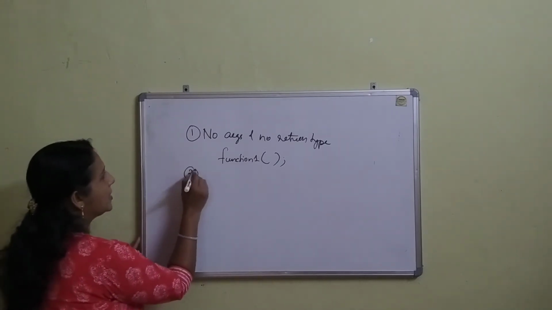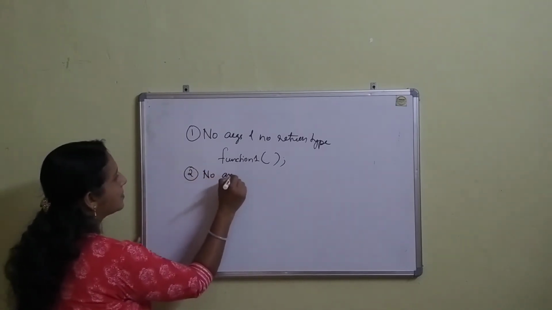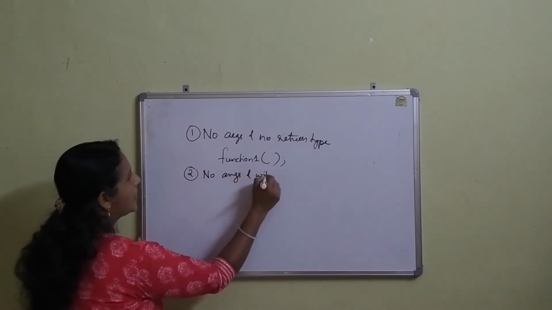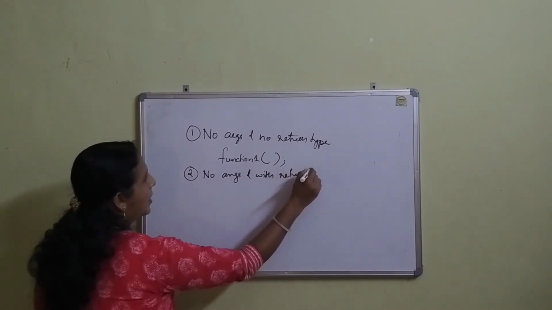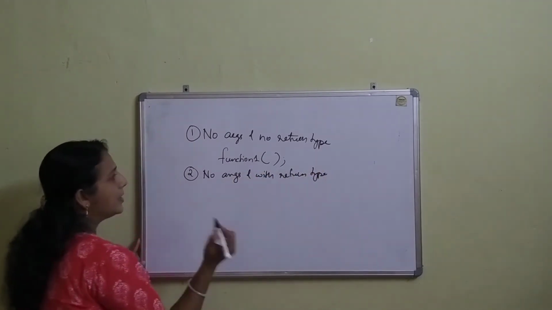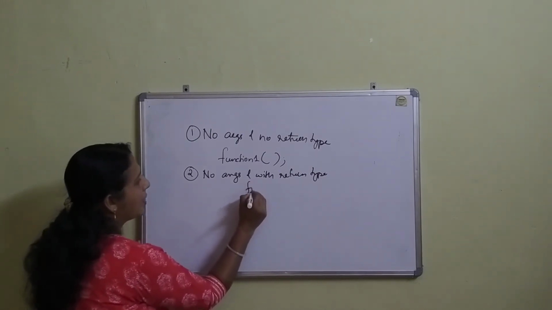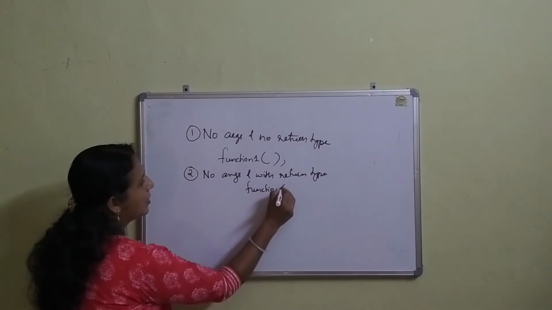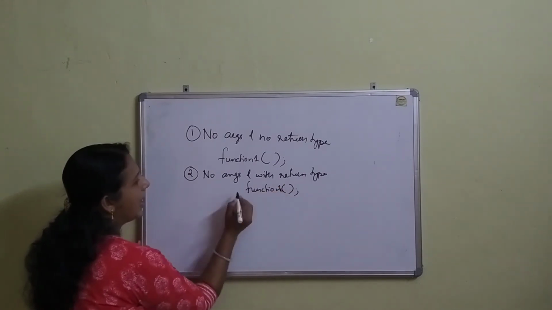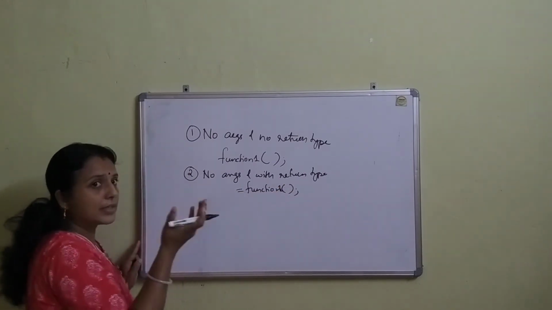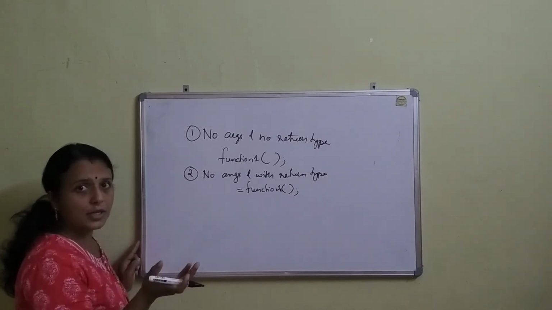And the second is no arguments and with return type. Arguments are not there, but a return type is there. So how are you going to call it? You call your function 1 like this, and it gives some output, and it has some return type.